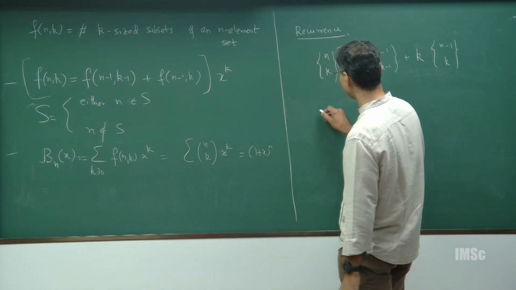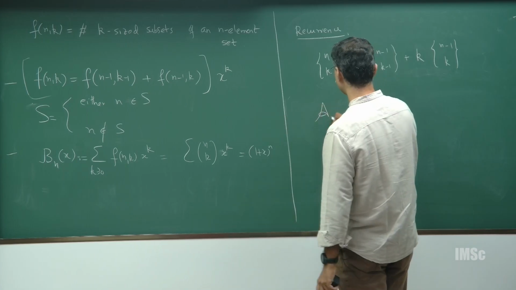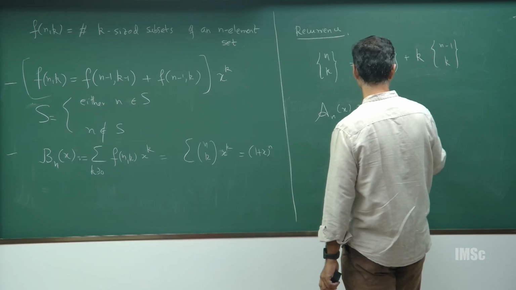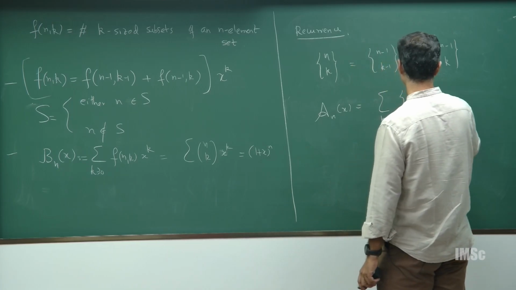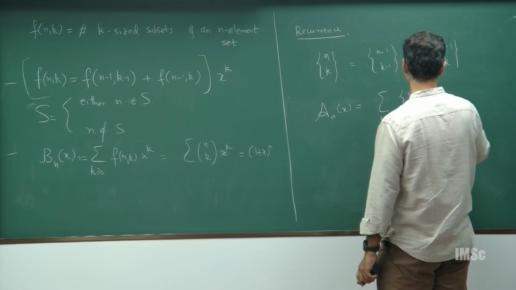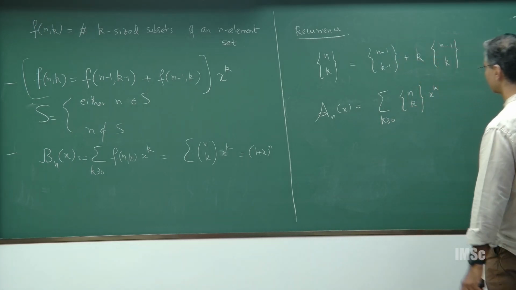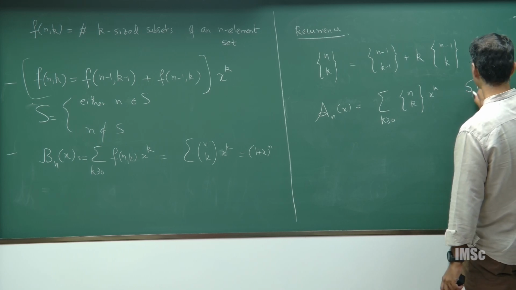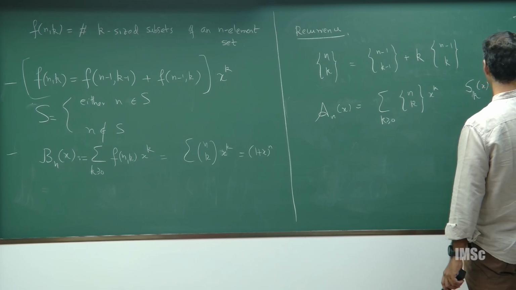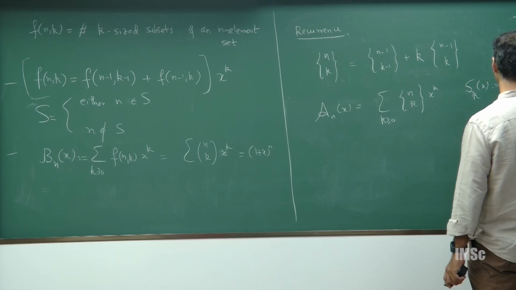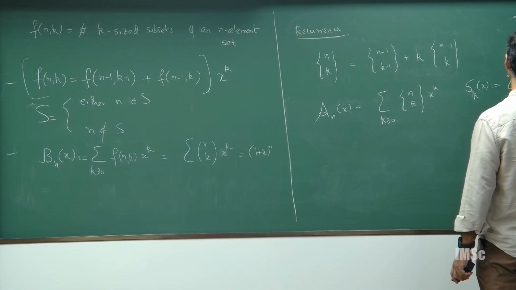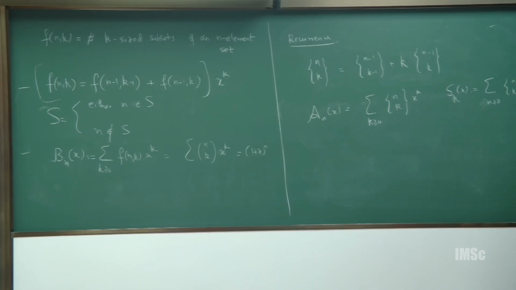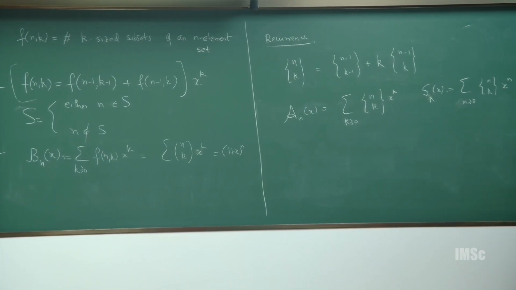We can define a n of x as sum over k of our sequence, or we can define it as k of x as sum over n. Okay, you have two choices.